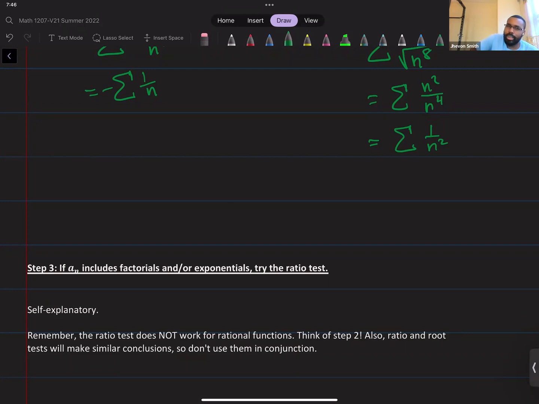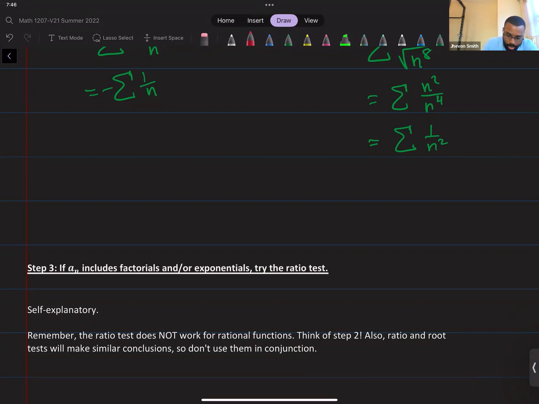So if you have factorials, you'd want to get away from them as much as possible. You might use something like Stirling's approximation in some higher level class, to avoid working with factorials directly anyway. So one thing you can do is the ratio test, because that allows you to put a sub n plus 1 over a sub n. I showed you last time that that allows you to cancel out some of the factorials and leave you with a smaller expression that doesn't have a factorial. So if it has factorials or exponentials, you should try the ratio test.